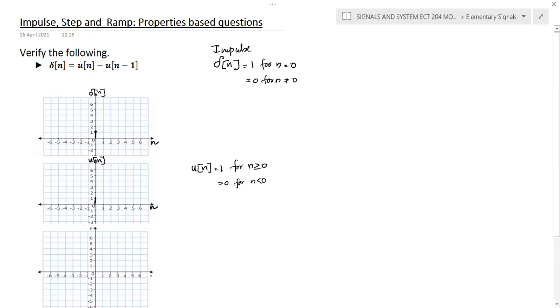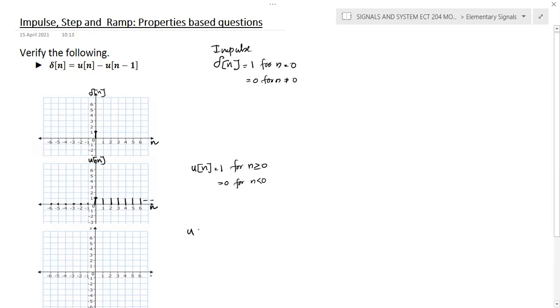So from this particular point the function magnitude is 1, and it will continue like this. And for minus values of n or negative values of n, that is minus 1, minus 2, minus 3, etc., the function magnitude is 0. That is u of n.